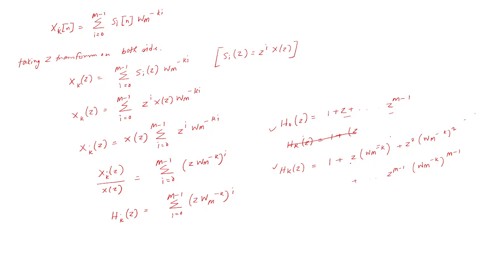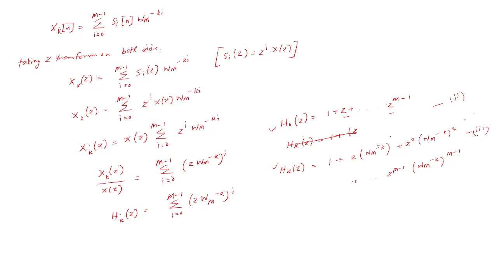For z to the power 0, the weight is 1, but for z to the power 1, the weight is omega_m to the power minus k. For z to the power 2, the weight is omega_m to the power minus 2k. So it's a weighted combination.